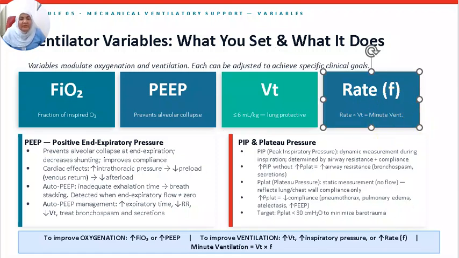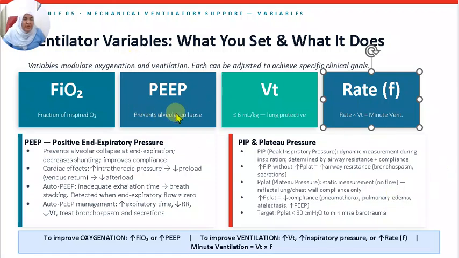Minute ventilation determines the carbon dioxide clearance. So when we do our blood gas and you see that your partial carbon dioxide is rising, you need to act. You have to increase the vent rate first, so that the minute ventilation will also be increased.